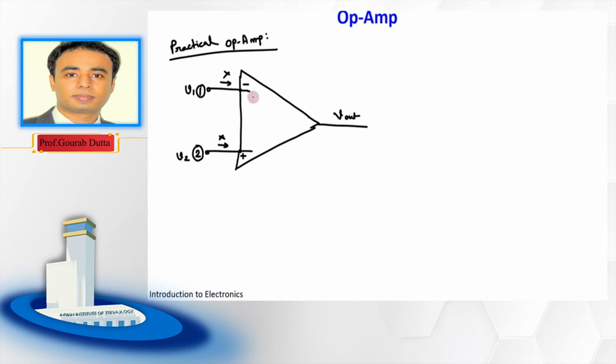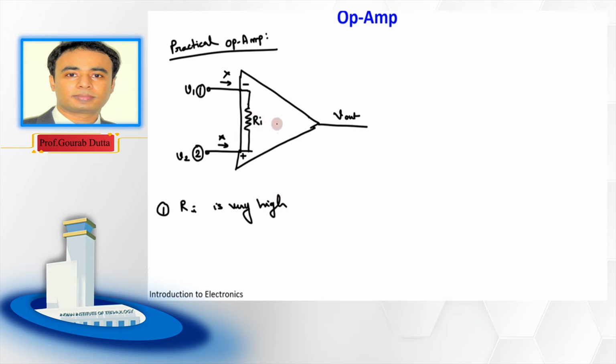But for practical op-amp, the input resistance is not actually infinite, but it has a finite value, but this value is very high. This R input is very high. So number one is R input is very high, but it's not actually open circuit.